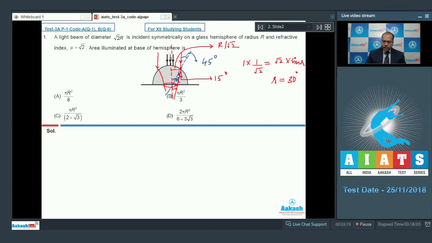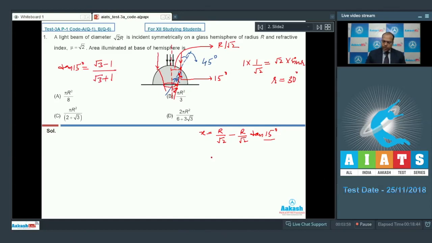If I calculate the radius, let it be represented by x, then x can be written as r by root 2 minus r by root 2 tan 15 degrees from the given geometry. The value of tan 15 degrees can be found from tan of 45 degrees minus 30 degrees, and it comes out to be root 3 minus 1 upon root 3 plus 1.